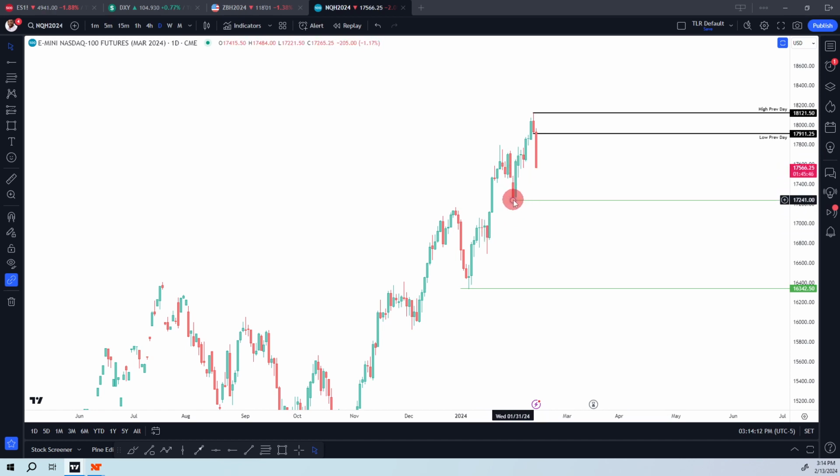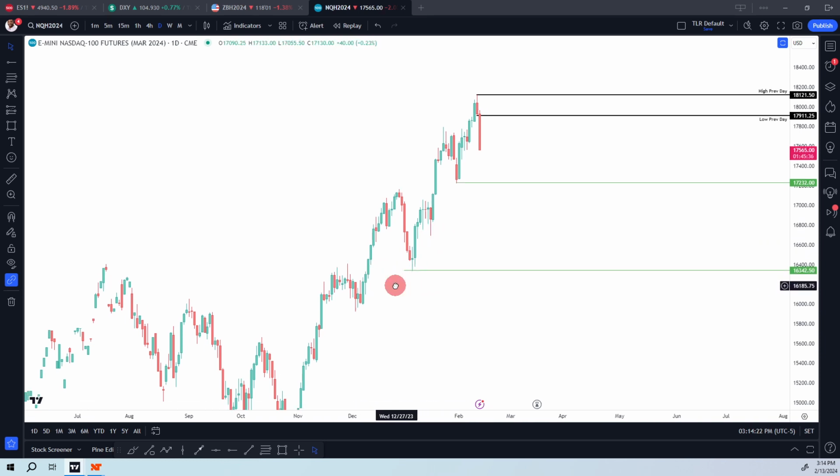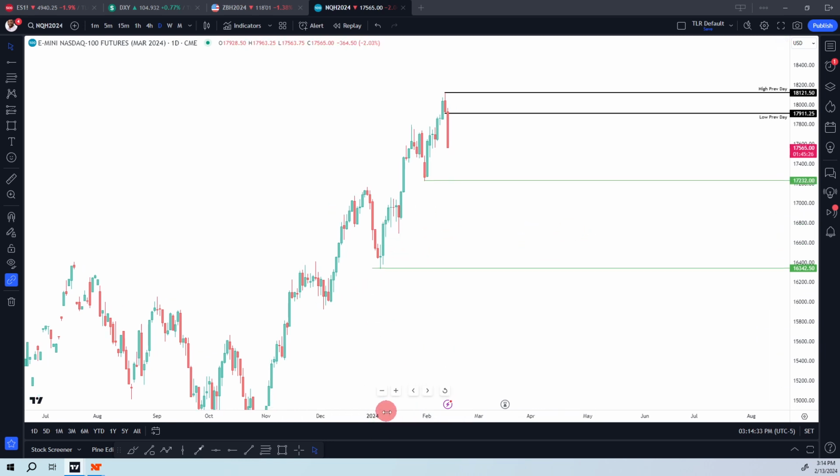Then this low would be in your targets, and this low right here would be the main target. This one is a short-term target, but anytime you pass a low, there's always a chance of reversing.